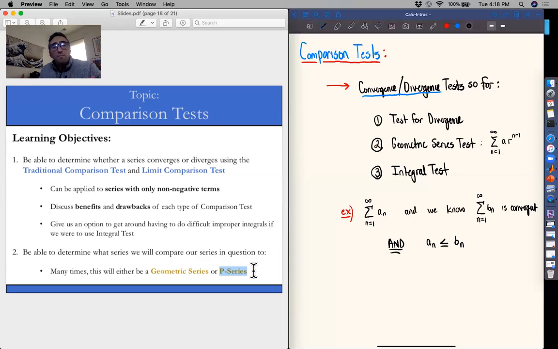Basically, what we're setting up in that case is that our series from n equals 1 to infinity of a sub n must be smaller than or equal to the series for b sub n.